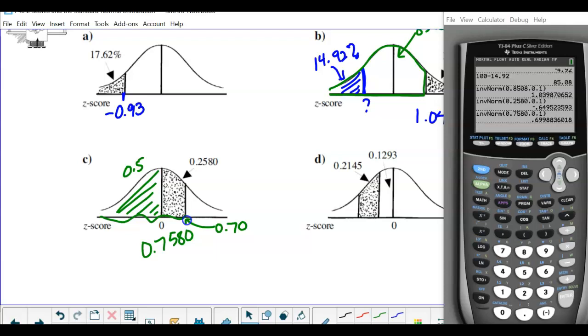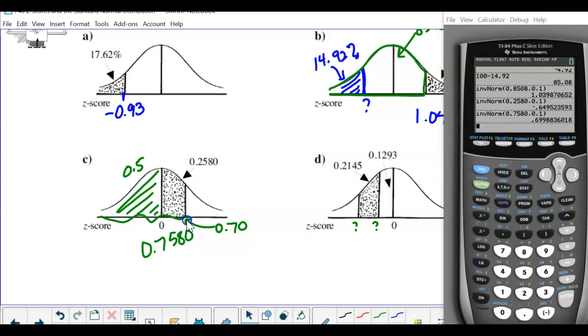Okay, and then this one, same kind of deal. A couple of ways. You have to find both z-scores here. You know this area and this area. So basically, you could get this one, add these together, and subtract from 0.5 to get this area, and then you could add on this to get this.